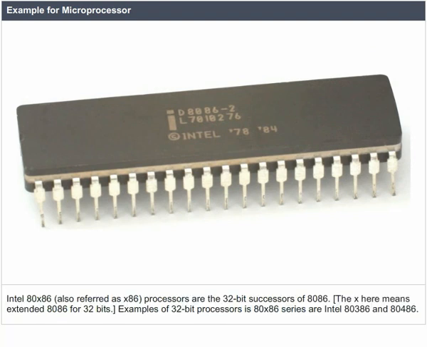Intel 80x86, also referred to as x86 processors, are the 32-bit successors of 8086. The X here means extended 8086 for 32 bits. Examples of 32-bit processors in 80x86 series are Intel 80386 and 80486.